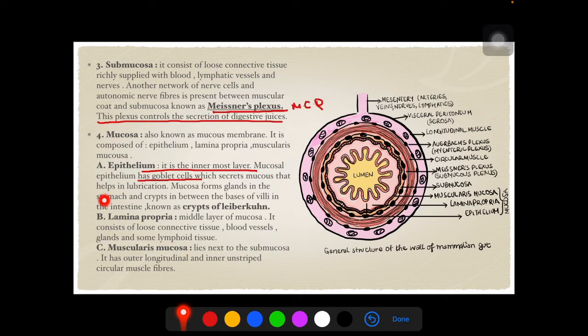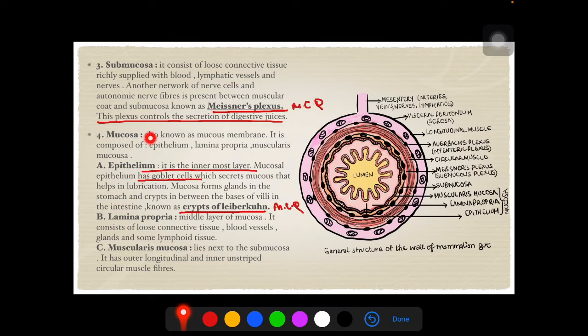Mucosa forms glands in the stomach and crypts in between the bases of villi in the intestine, known as the crypts of Lieberkuhn. This is a very important MCQ question, the location of the crypts of Lieberkuhn.